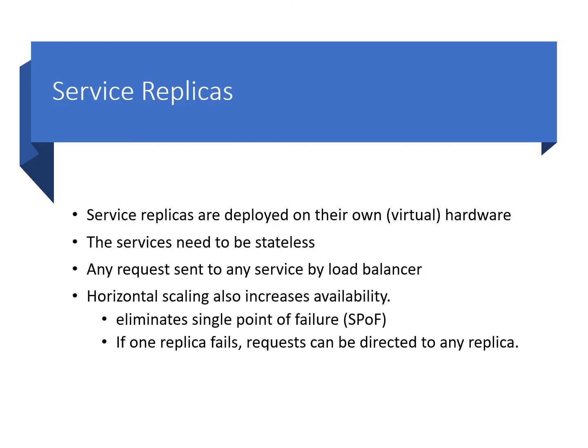Service replicas are deployed on their own virtual hardware. Hence, if we have 2 replicas, we double our processing capacity. If we have 10 replicas, we have 10 times capacity. This enables our system to handle increased loads. The aim of horizontal scaling is to create a system processing capacity that is the sum of the total resources available. The servers need to be stateless so that any request can be sent to any service replica to handle.